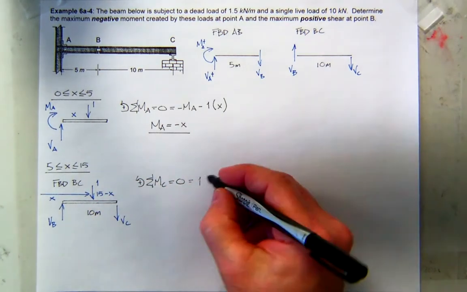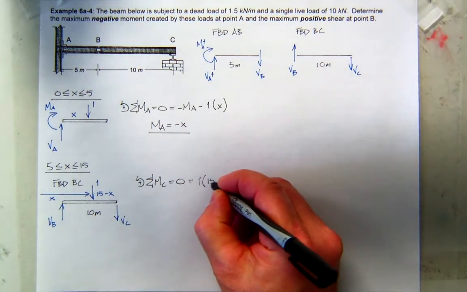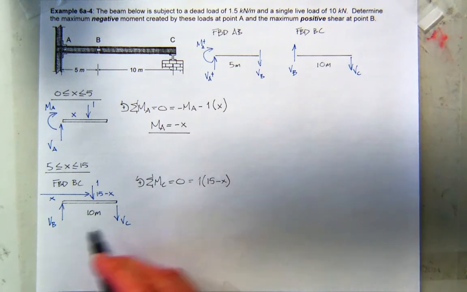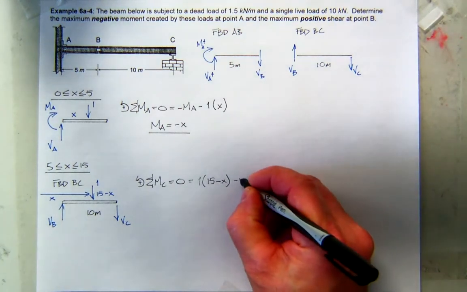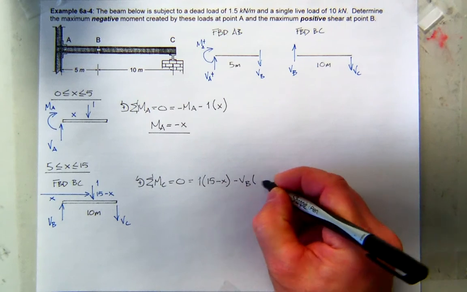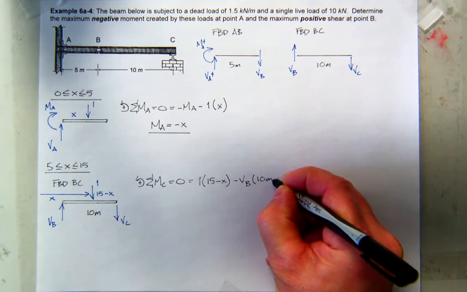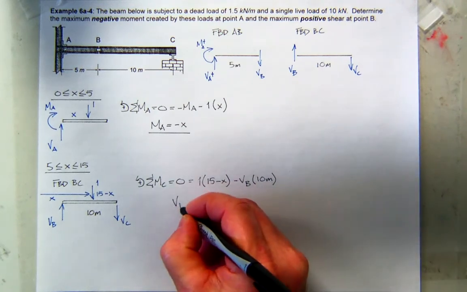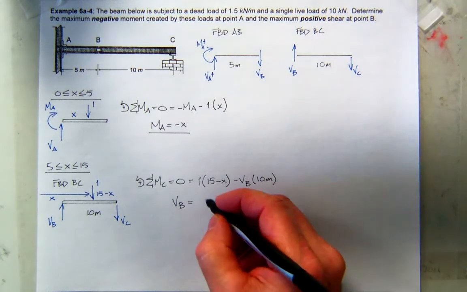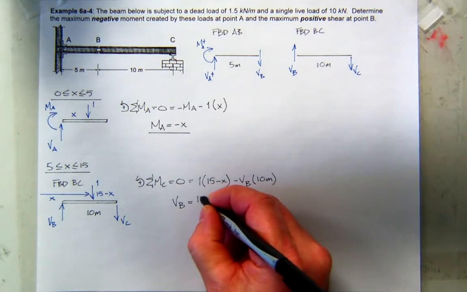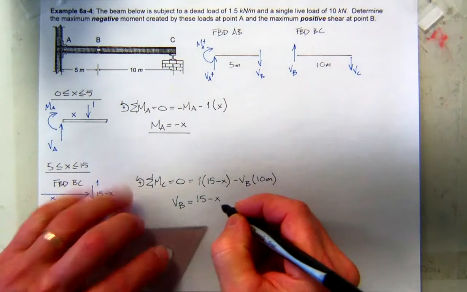So I get 1 times 15 minus x. That's the moment for that. And then I have this guy, which is the shear at B, creating negative moment at a distance of 10 meters. So it looks like the shear at B is going to be what? It looks like (15 minus x) over 10.